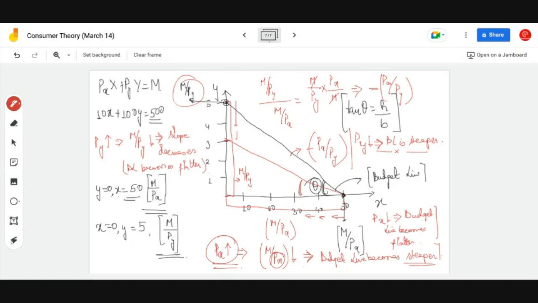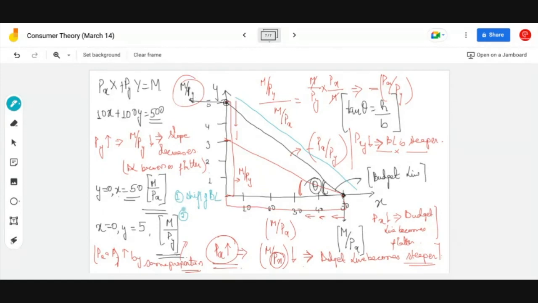Yes, sir. Okay. Now tell me what happens when Px and Py increase by the same proportion. What happens to the budget line? Budget line will shift toward the origin. So the budget line will shift outward. Sir, if prices are increasing, then why does the budget line shift outward?